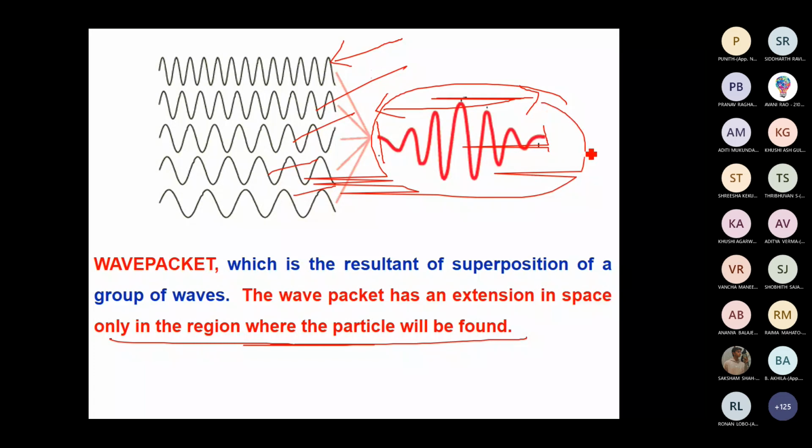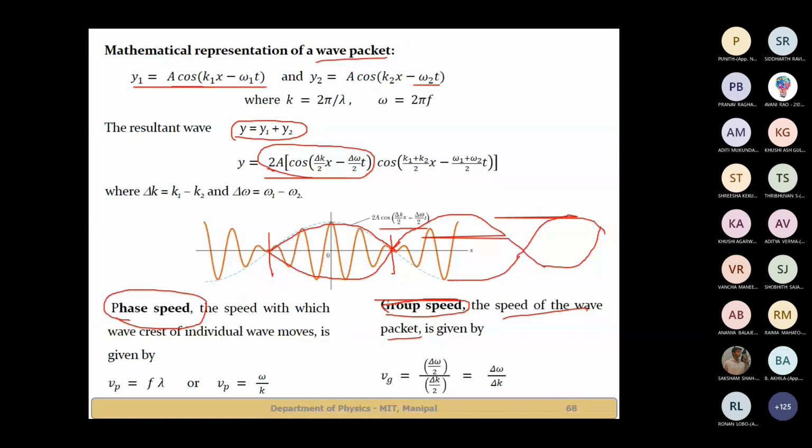That is, since we use a wave packet to represent the particle, the group speed is nothing but the speed of the particle. Okay, so we can write Vp = f λ, or Vp = ω/k. In this case, we can write group speed Vg = Δω/Δk.